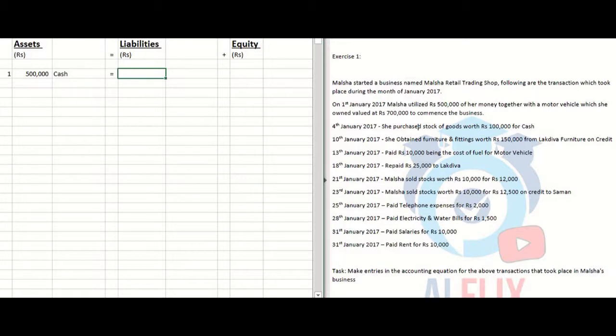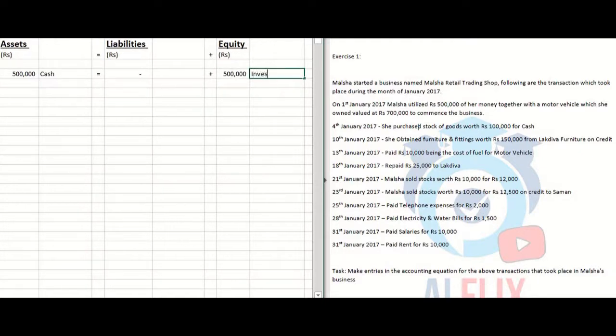On this transaction there is no obligation towards this investment, so liabilities are nil, plus, as concerned with equity, the investment made is rupees 500,000, so there is an increase of equity for rupees 500,000 in terms of investment.